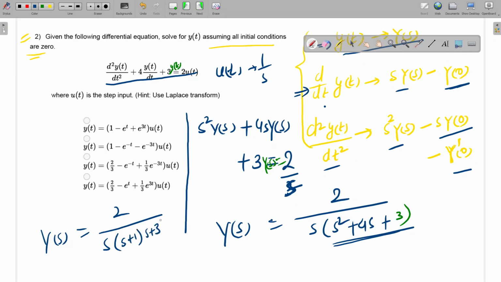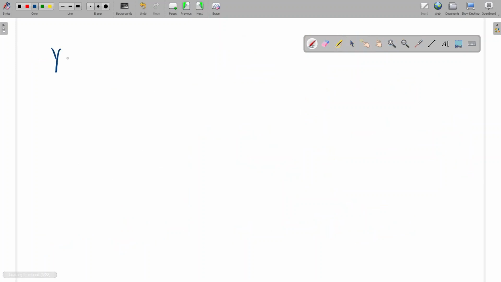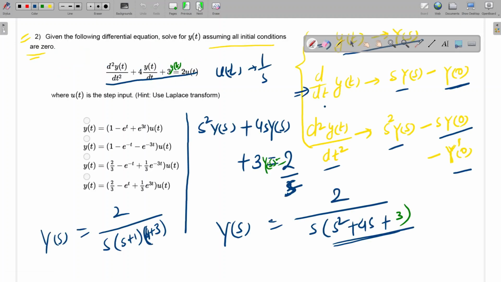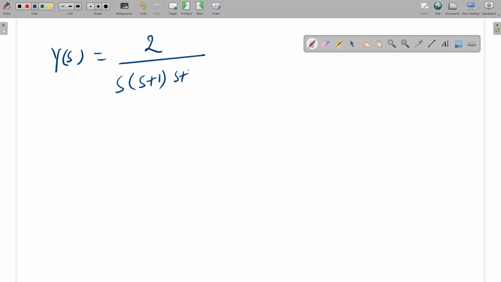Yes, sir. Okay. Now we can just factorize this equation. So Y(s) is equal to 2 divided by s into s plus 1 into s plus 3.